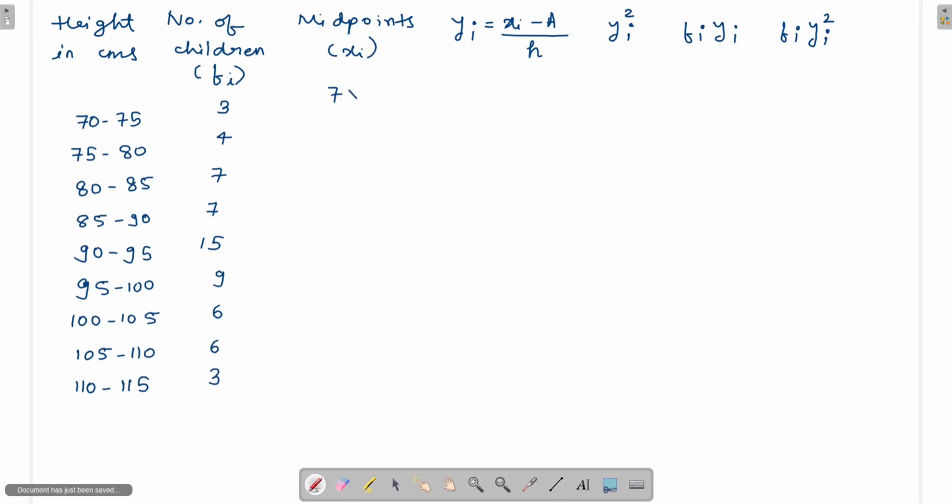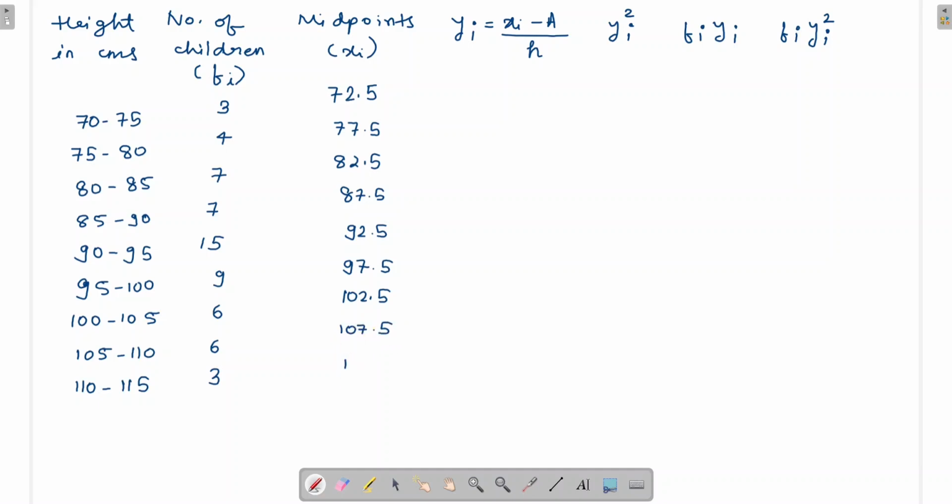Then the midpoint of 75 to 80 is 77.5, midpoint of 80 to 85 is 82.5, midpoint of 85 to 90 is 87.5, then here you will get 92.5, 97.5, 102.5, 107.5, and here 112.5.